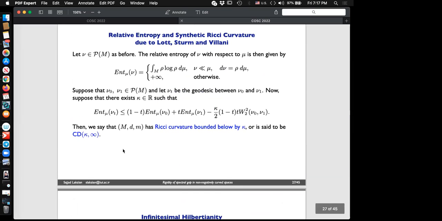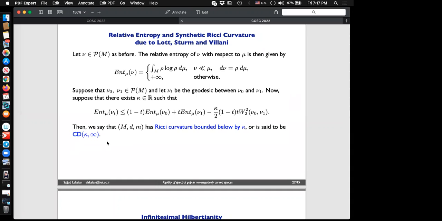So these CD(K,infinity) spaces or CD(K,N) spaces are still not nice enough for us to do some geometric analysis generalizations. You can generalize some results from Riemannian geometry to CD spaces, but still not everything can be generalized to a CD space.